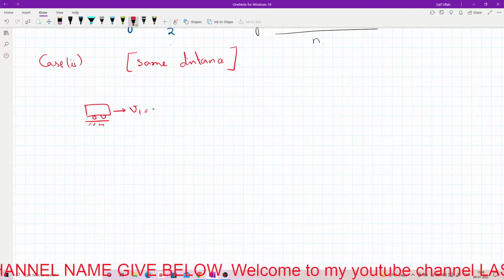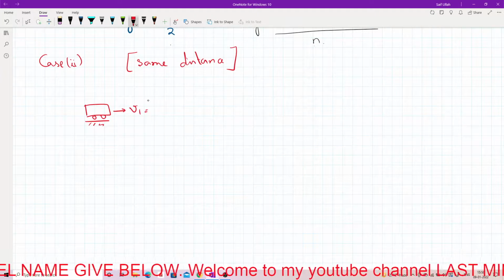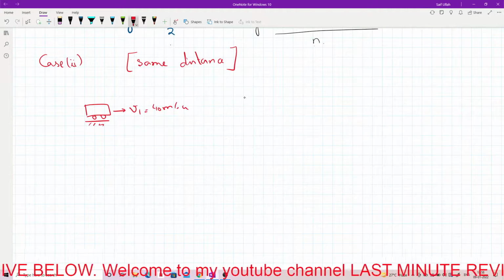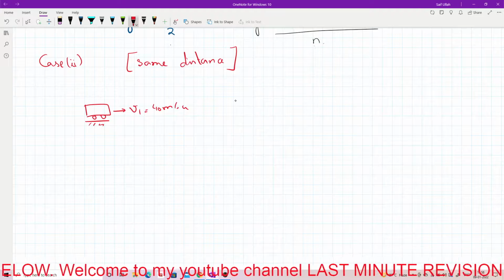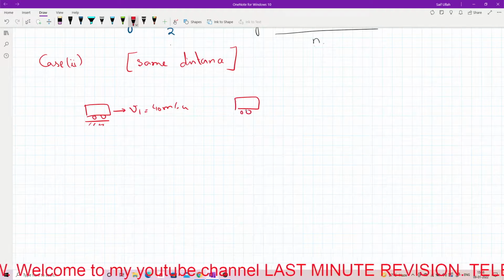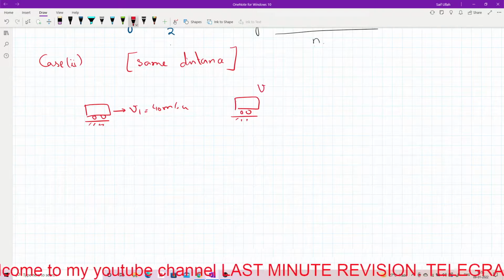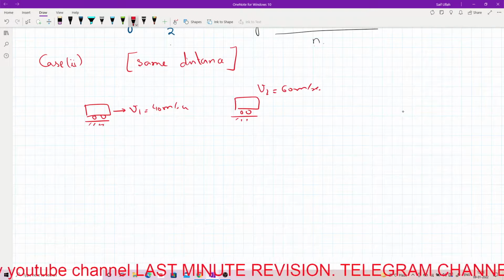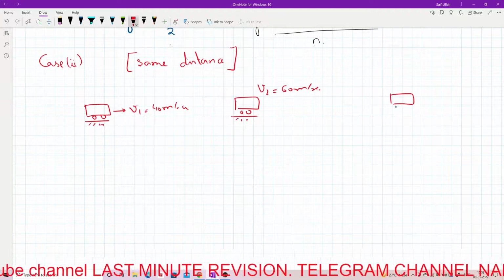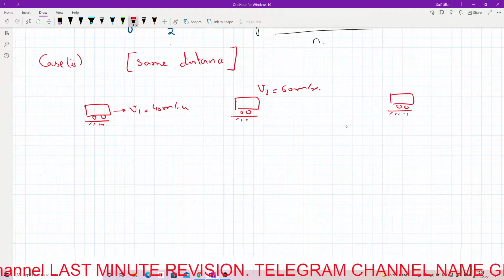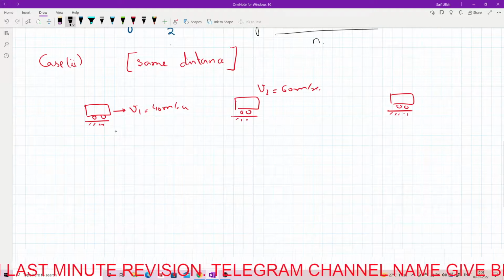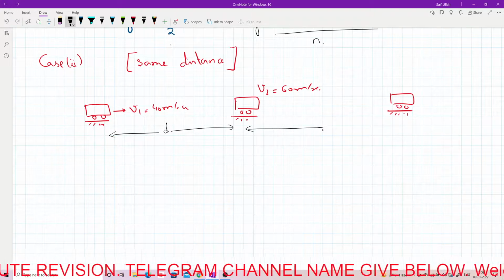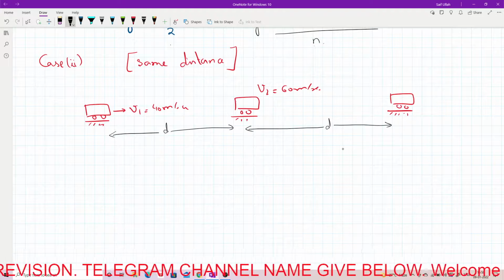Here v1 is equal to 40 meters per second. Again, after a certain distance d, the vehicle will have v2 equal to 60 meters per second, and it is reaching this point. From here to here the distance is d. Again from here to here the same distance is covered.